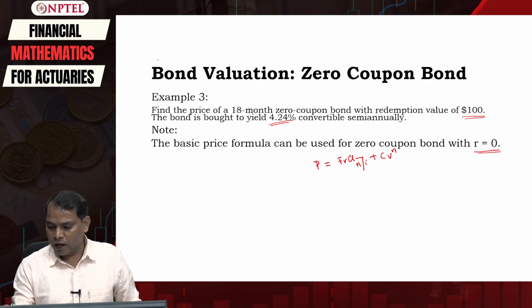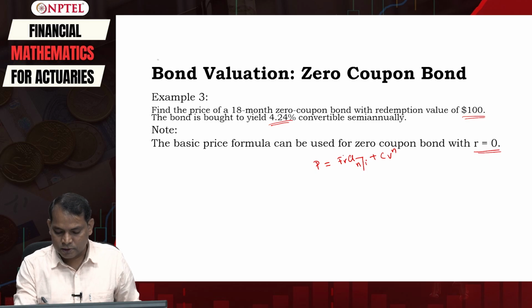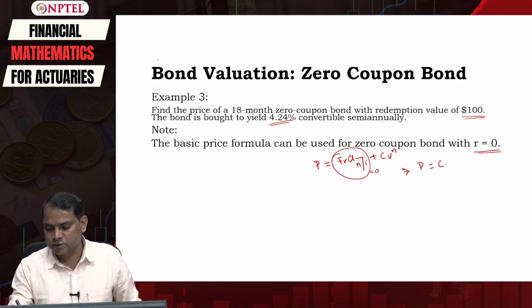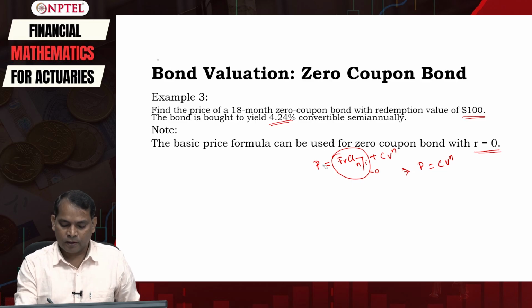So with R is equal to 0, this entire term will be equal to 0, so we will only have P is equal to C v to the power n. So now we are going to use this formula, fine.